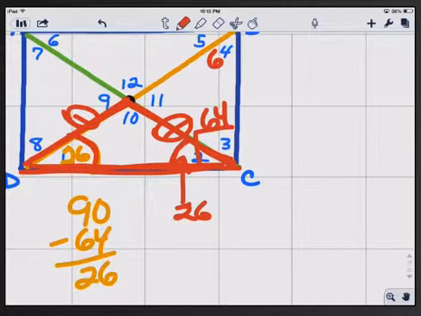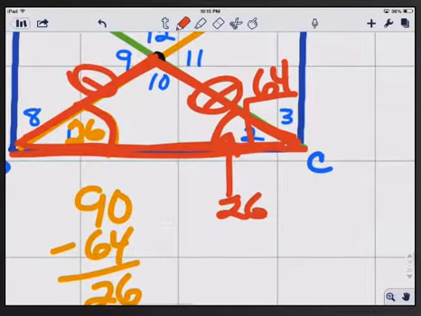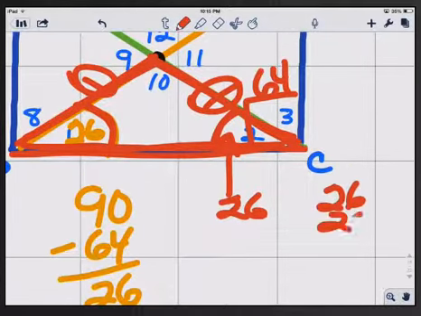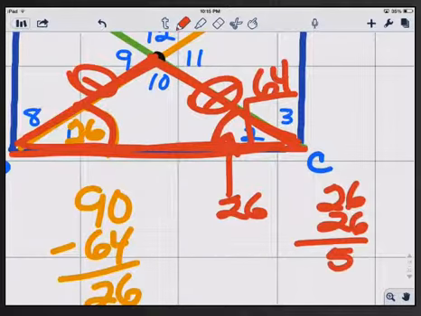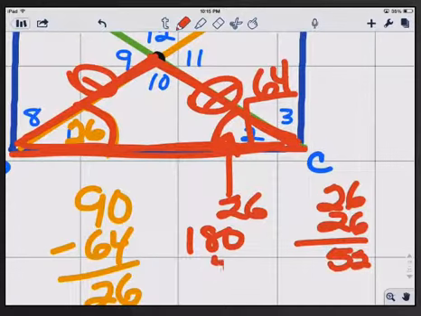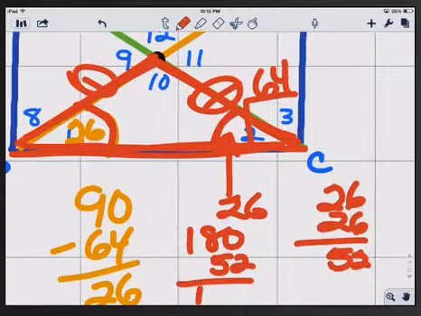And you had angle 4 was 64 and angle 5 was 26. If you go back to looking at this red outline triangle, if two angles are each 26, that adds to equal 52 degrees. You subtract 52 from 180 and you'll have the missing angle for that red triangle, which happens to be angle 10, is 128 degrees.